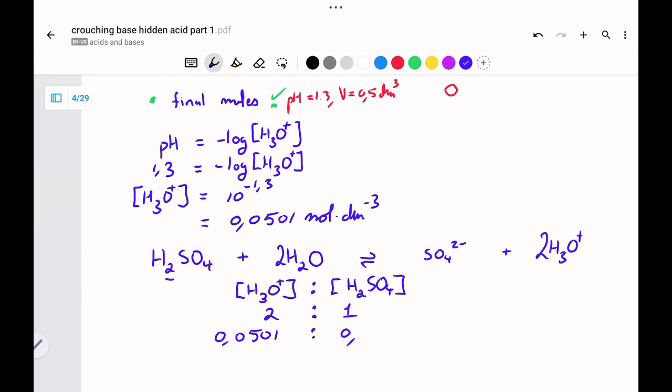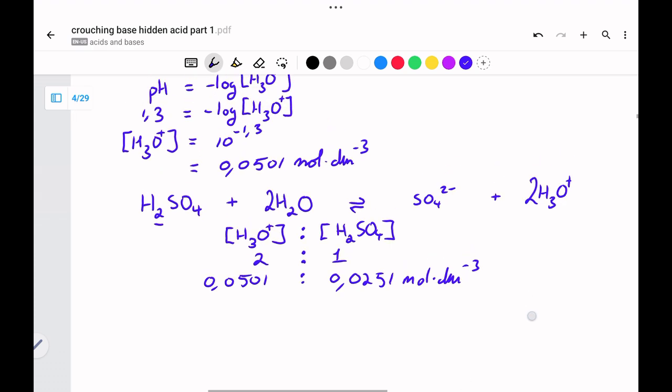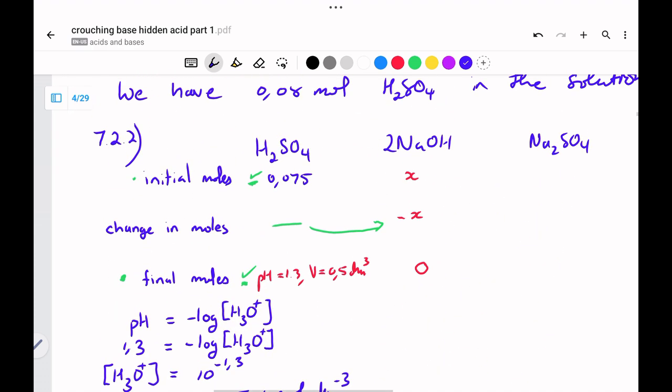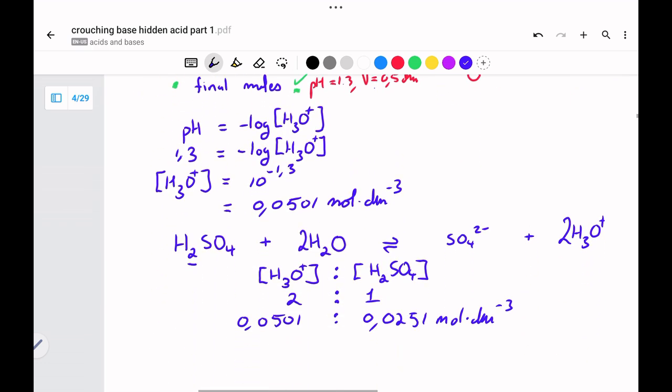Then I write this out. 0.0251. And let me just put the unit. Right, now I have my concentration for the acid. It's still not the moles, but I can use the volume now.